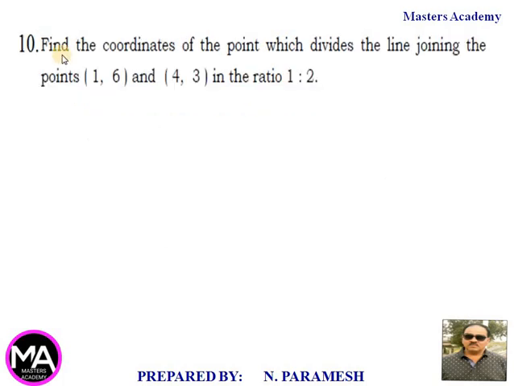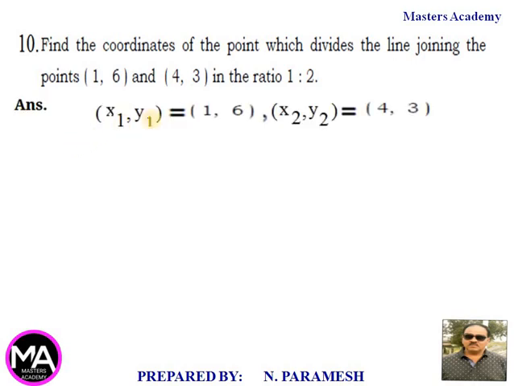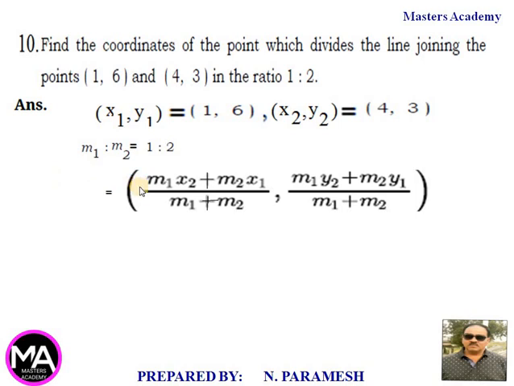Tenth question: Find the coordinates of the point which divides the line joining the points (1, 6) and (4, 3) in the ratio 1:2. Answer: (x1, y1) = (1, 6), (x2, y2) = (4, 3), m1:m2 = 1:2. Using the section formula, ((m1x2 + m2x1)/(m1 + m2), (m1y2 + m2y1)/(m1 + m2)).